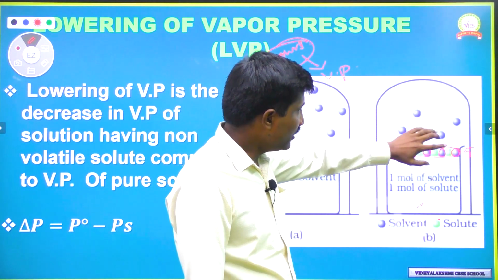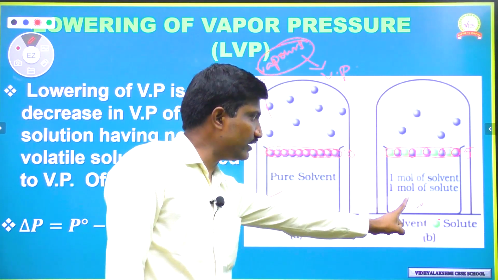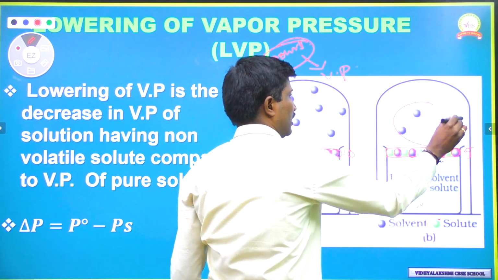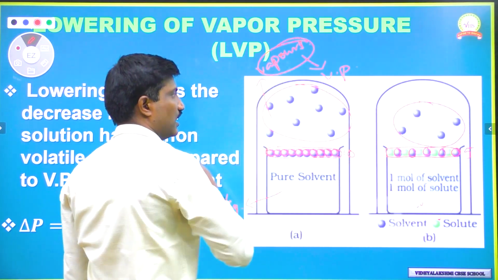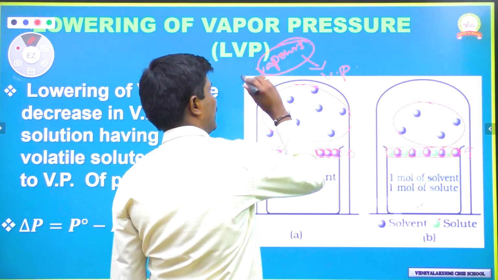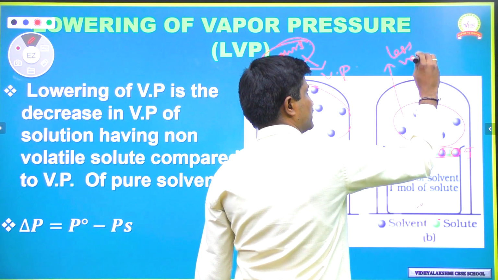Okay. So if we compare the number of vapor molecules in the pure solvent and the solution state, here vapor molecules are more, but here vapor molecules are fewer.